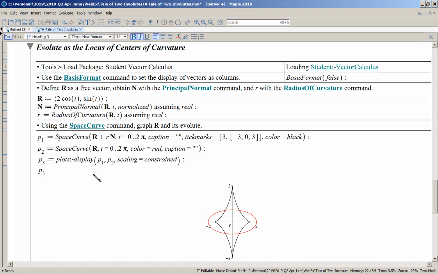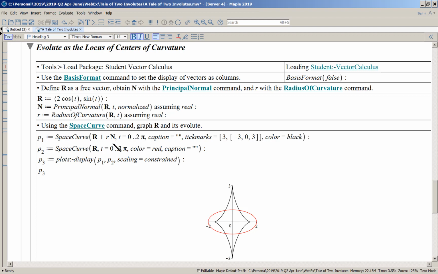When you want to draw a curve in R2, you use the plot command with completely different syntax. This SpaceCurve command in the Student Vector Calculus package uses the same syntax: you represent the curve as a vector, whether it's two-dimensional or three-dimensional. So I think this is a much nicer way to draw a curve.